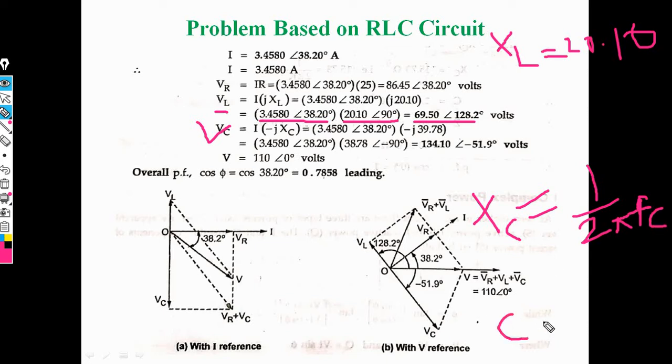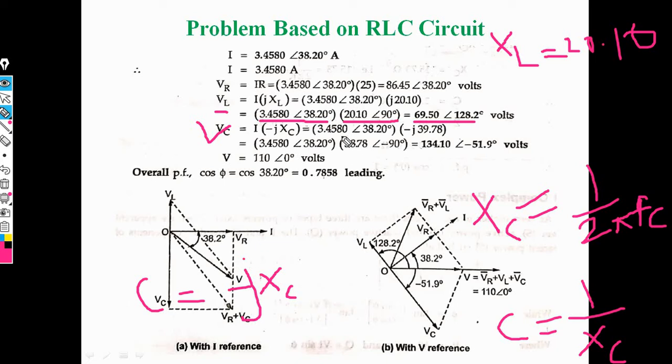That means C, capacitance, is 1 upon X, and this value goes to the upper side, then we are taking minus X, and this is for the imaginary value of capacitive reactance, that is I is equal to minus jX.